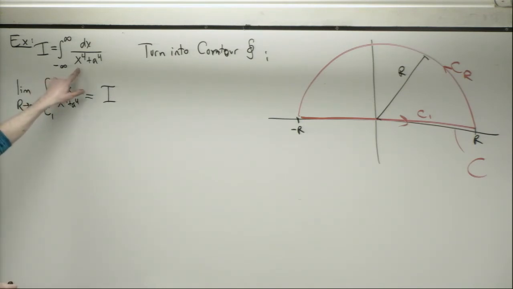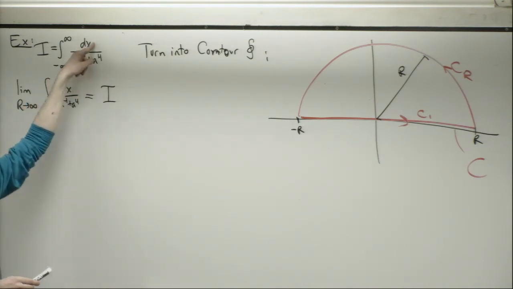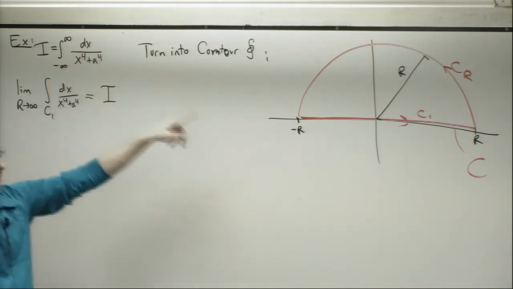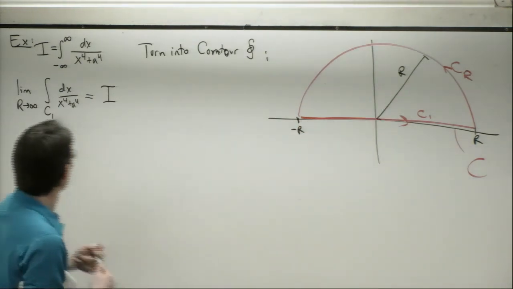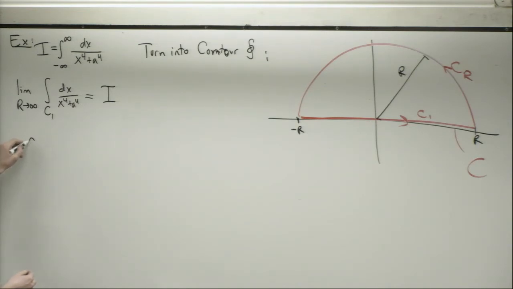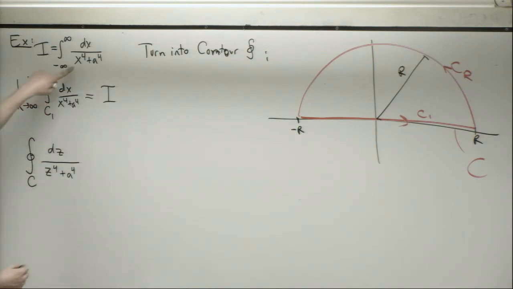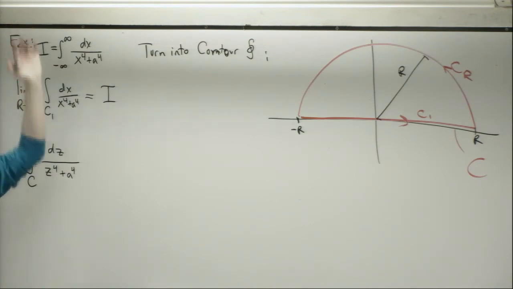So what I'm going to do is turn this into a function of a complex variable z, which is fine. If I took that function and integrated it on the real part, it would still be real valued. So I want the contour integral around c of dz over z to the fourth plus a to the fourth. I just took this function, and every place I saw an x, I put a z in.